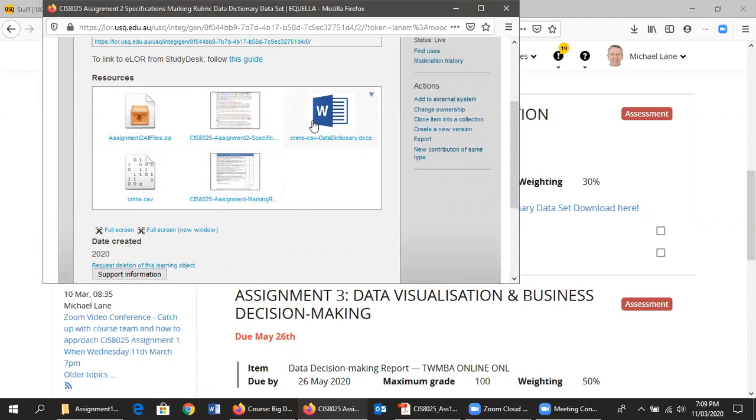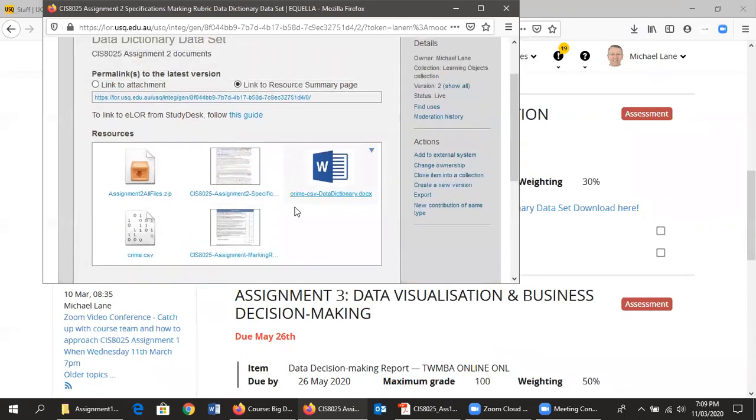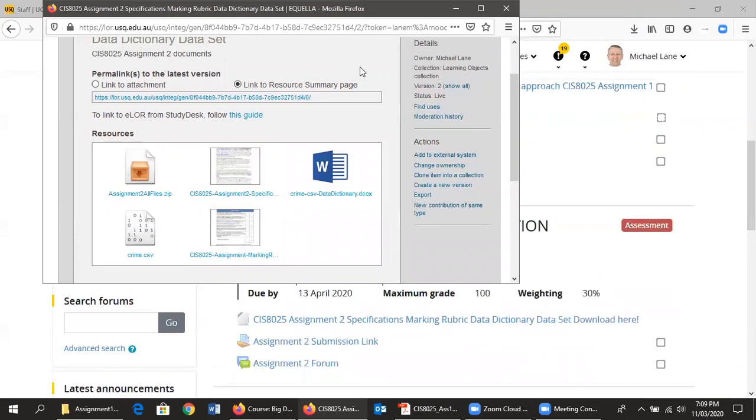There's also a data dictionary, something you might want to look at in another week or 2. I hope to work on assignment 3 and have that available on Friday or the weekend, so you'll have all the assessments.